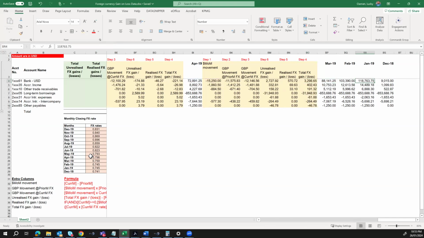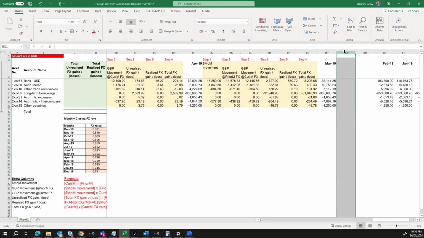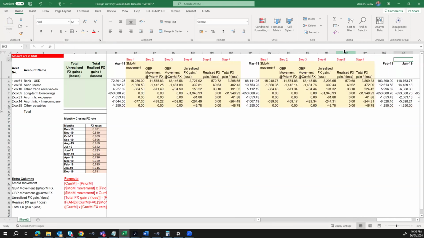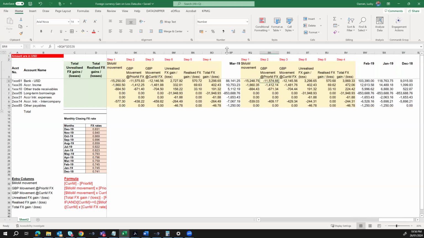Then for March and February, create these additional columns. Copy my steps and formulas. Adjust step 2 rates to become February, and step 3 becomes March.